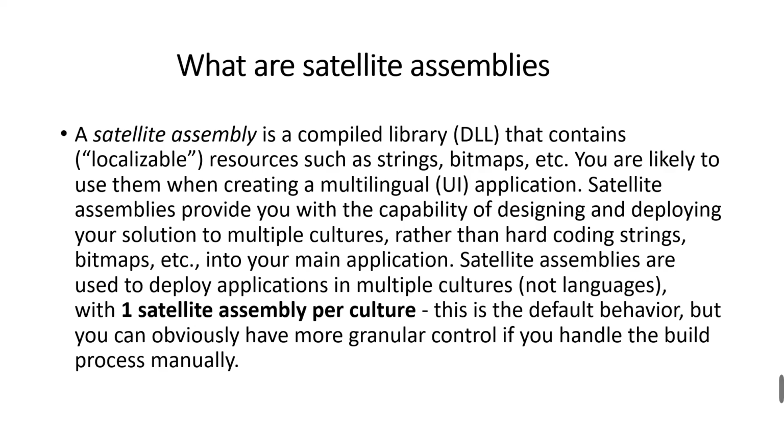So what are satellite assemblies? Satellite assemblies are a type of assembly, and assemblies are obviously a compiled library. So the main purpose of satellite assemblies is to implement multicultural functionality in your application. The best example of multicultural is when you browse Google.